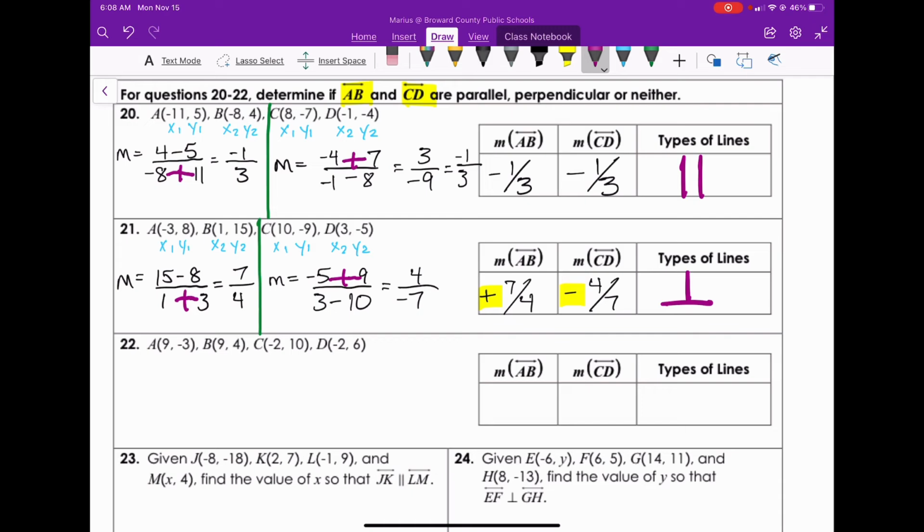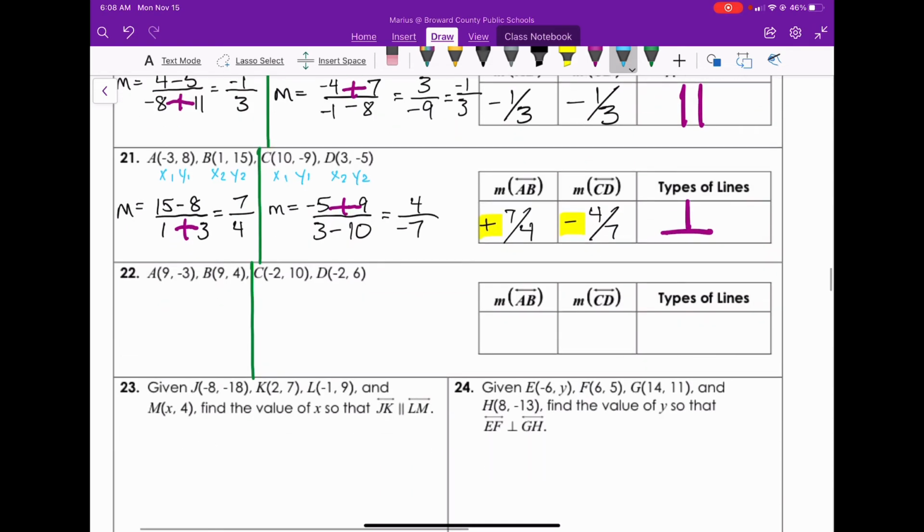Number 22. Once again, we're going to do x1, y1, x2, y2. When you do math, it helps to create a routine when you're solving problems. It helps with memory and getting the problem done. So y2 minus y1, that's 4 minus negative 3.